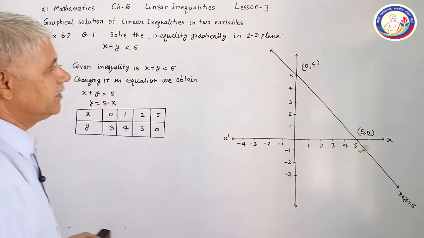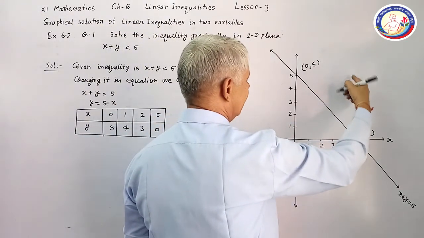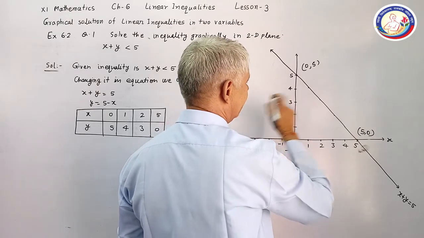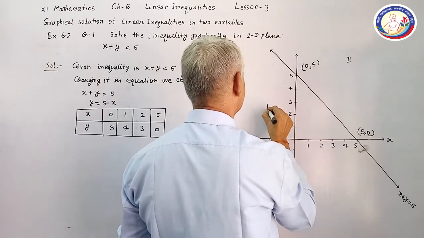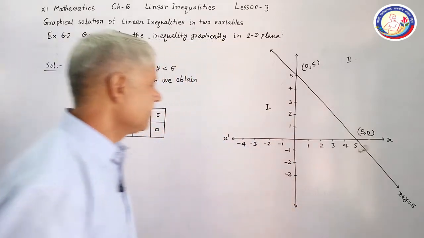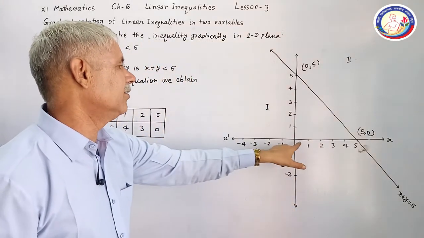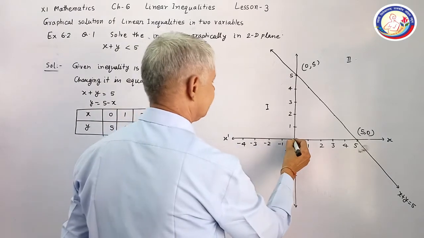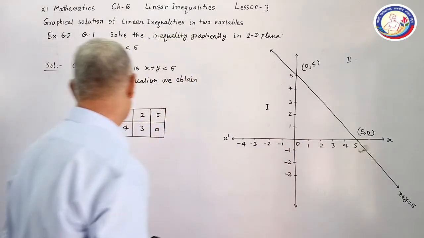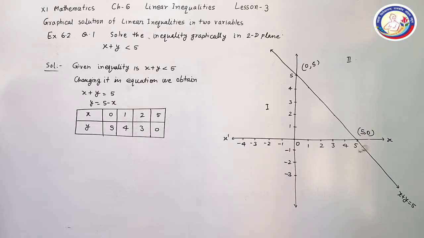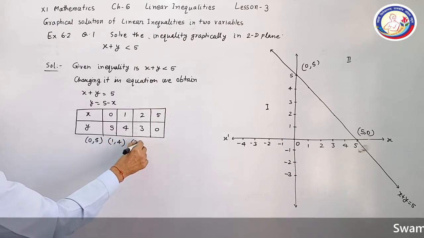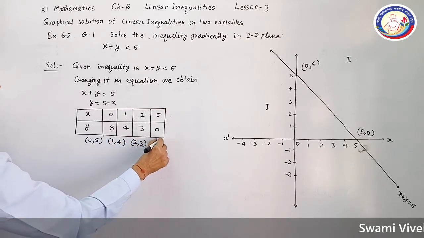Now there are two planes. It is upper half plane and we are having lower half plane. We can call them plane second and plane first. Plane first is the half plane in which origin lies. So the points are 0, 5, 1, 4, 2, 3 and 5, 0.